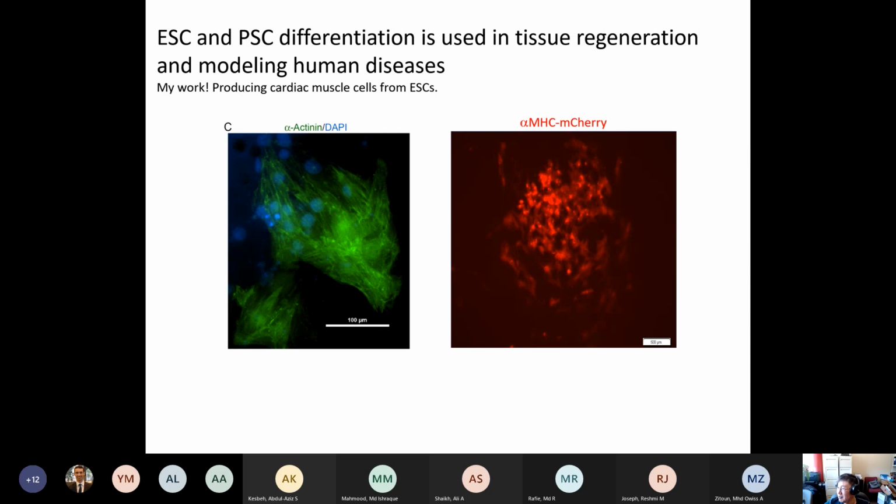So this red fluorescence is under the control of a heart gene, and the cells will express that mCherry fluorescent protein. That's a construct I got from Dr. Rogerton. I can visualize the cells when they differentiate.